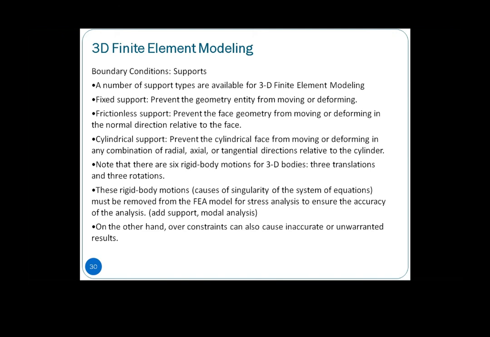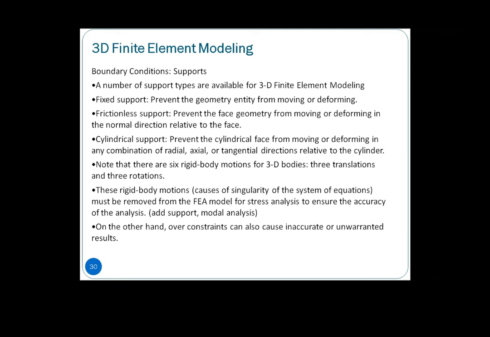Frictionless support is basically normal to the face geometry, meaning only the normal direction relative to the face that we select is not allowed to move or deform. Cylindrical support prevents a cylindrical face, like a bearing type of support, from moving and deforming.